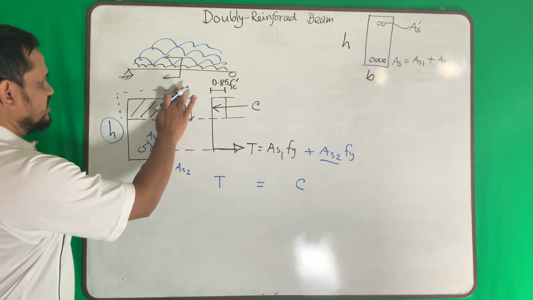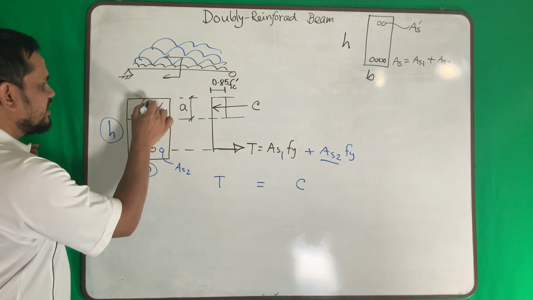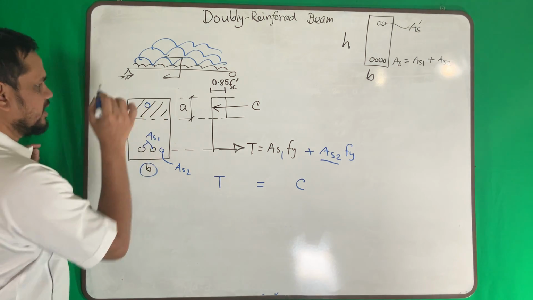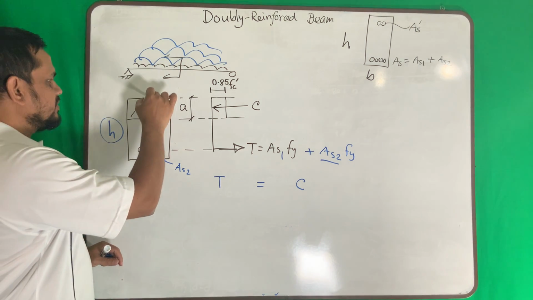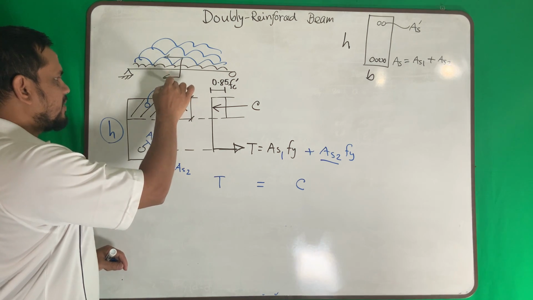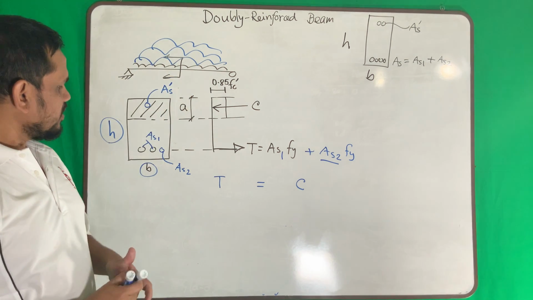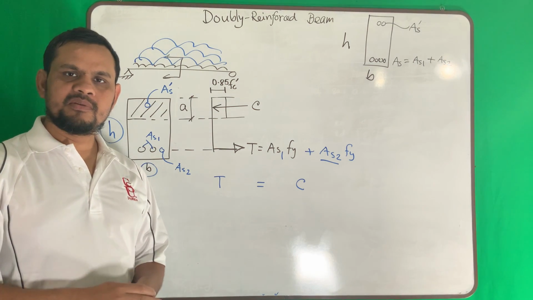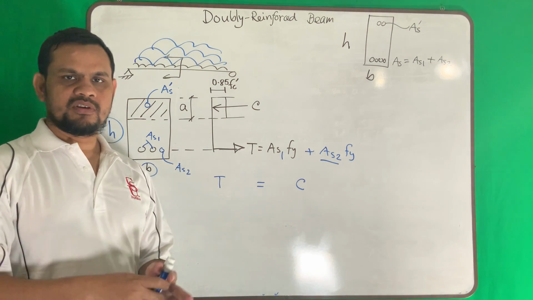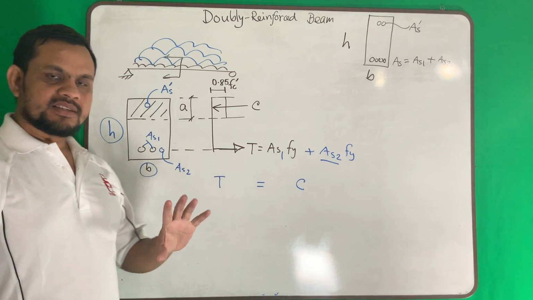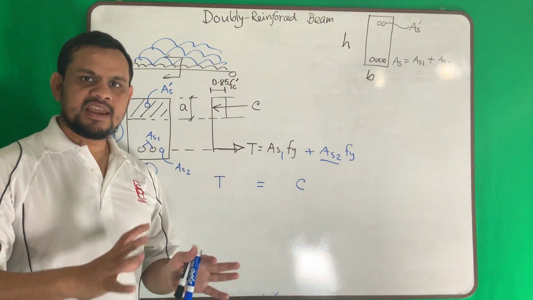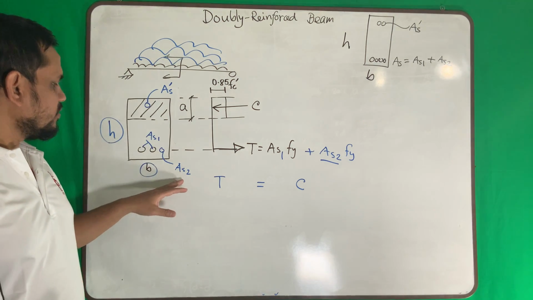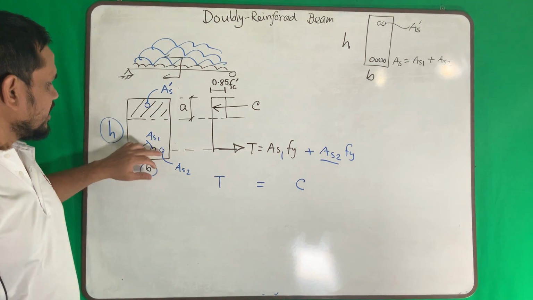If there is size restriction, what can I do? I can add a reinforcement which is equivalent to this reinforcement here. This reinforcement, we name it AS prime. Now this AS2 and AS prime are equivalent. They will give you equivalent force, but their amount or area may not be the same.